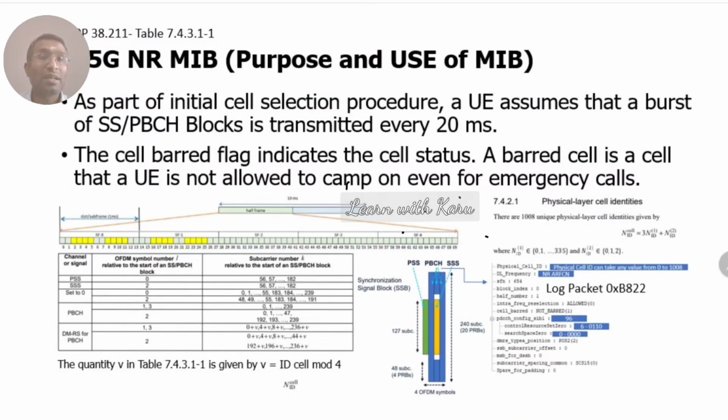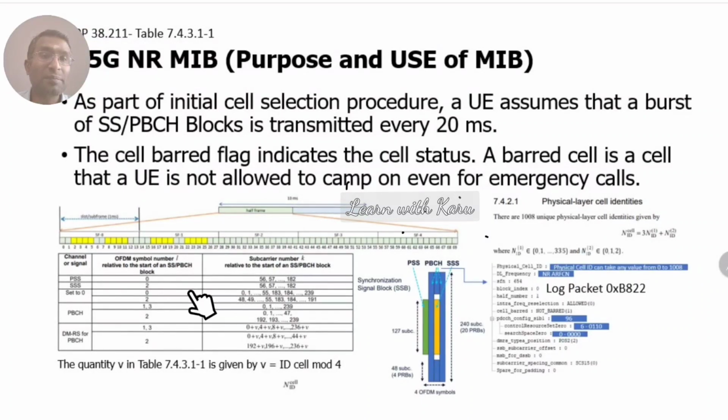And you can see for OFDM symbol 0, subcarriers 0 until 55, and in symbol 2, 48, 49 until 55, and 183, 184 until 191.